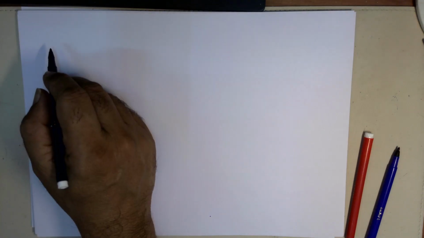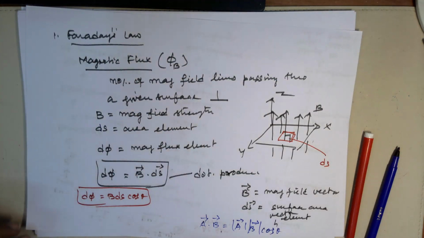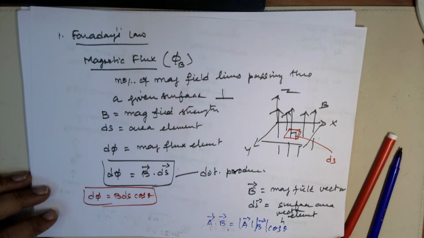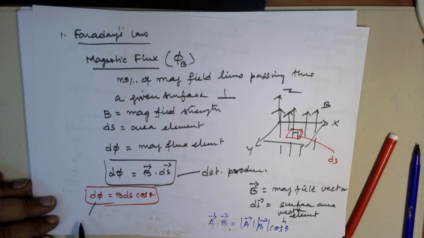Now, electromagnetic induction. And in fact, you should know the SI units also. You know very well d phi, being a scalar product, is a scalar quantity.